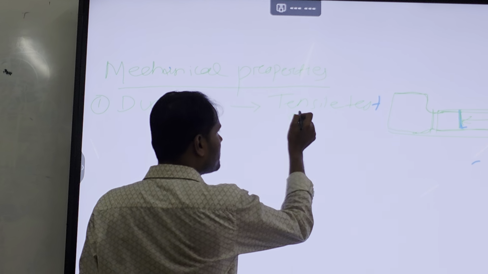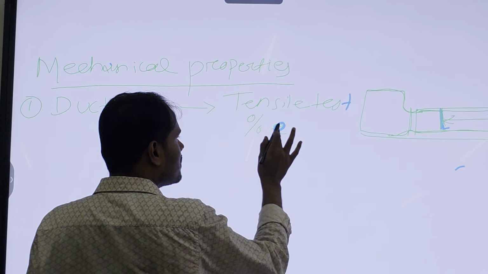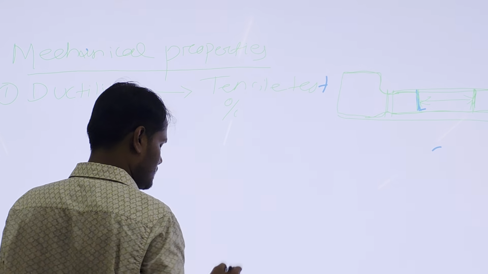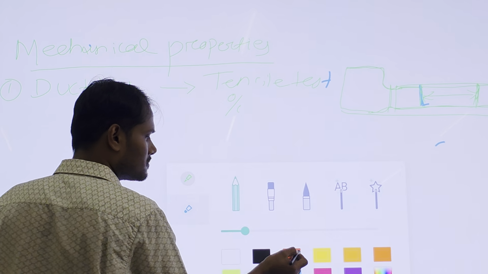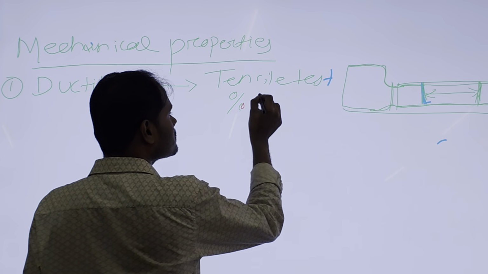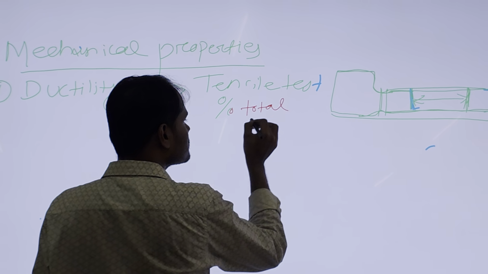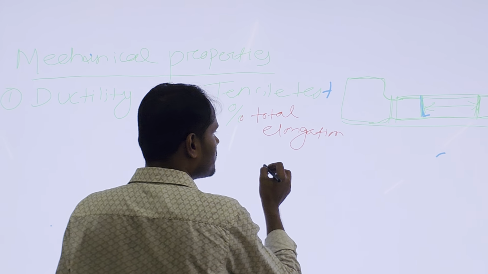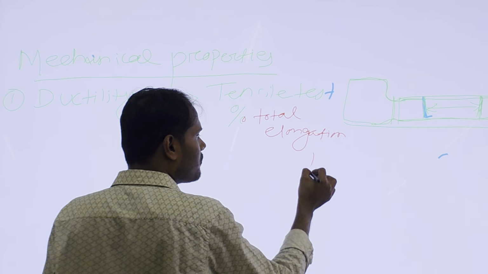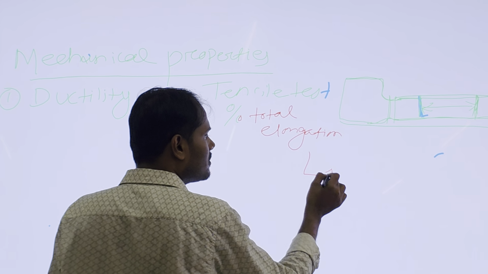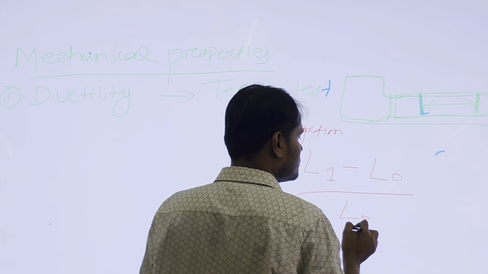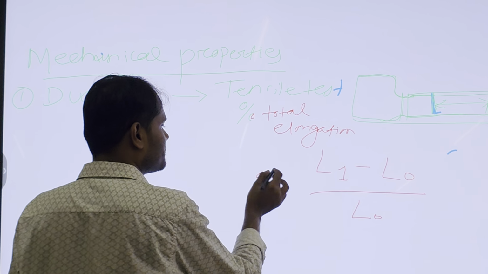It is determined by percentage elongation, that is, L1 minus L0. This is called percentage elongation.